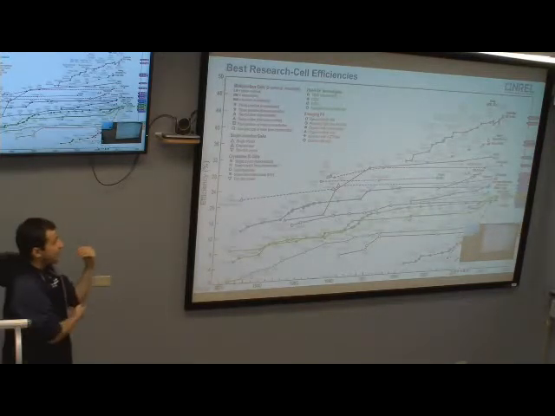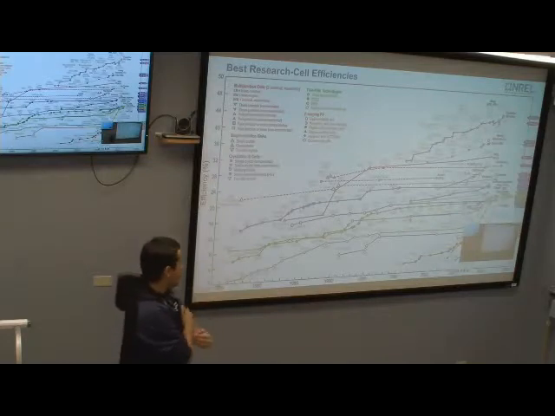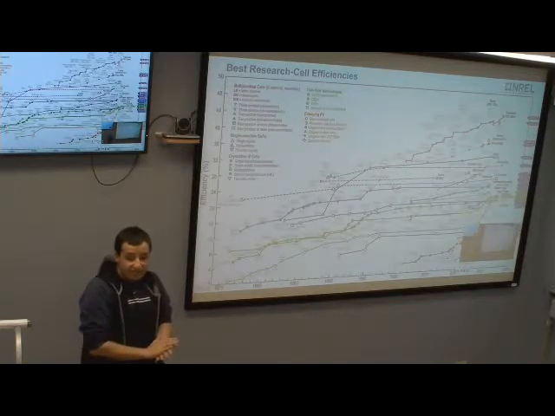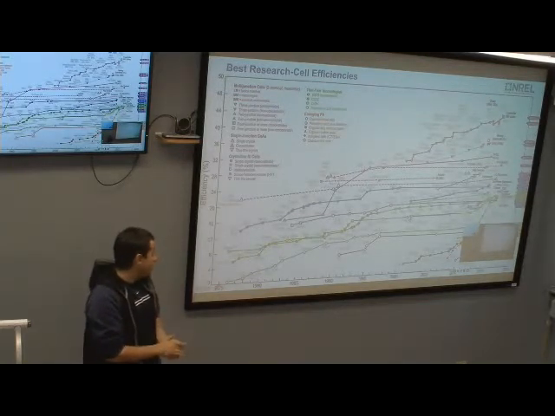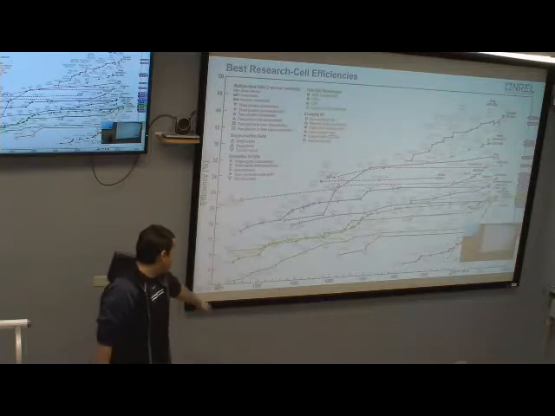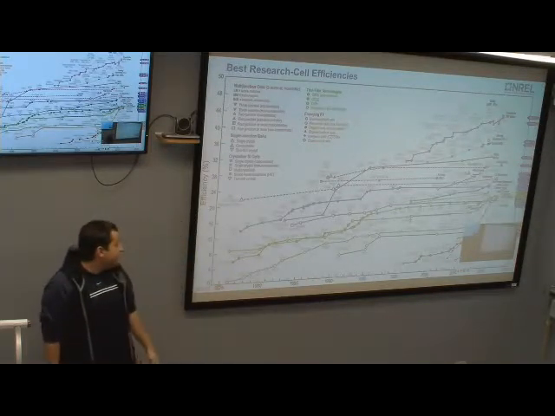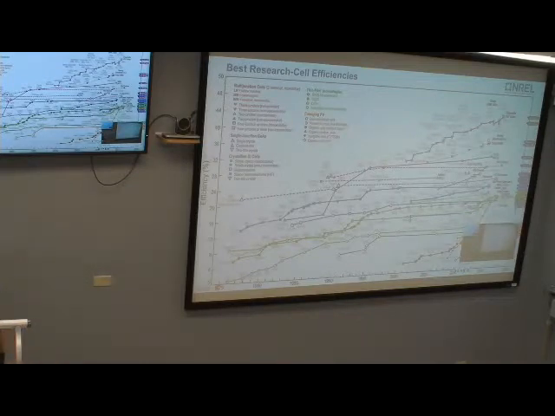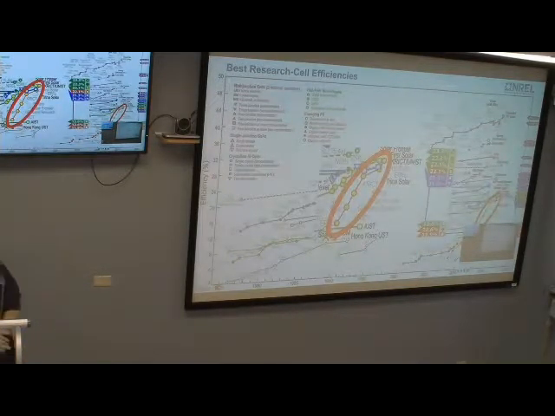So this is from the National Renewable Energy Laboratory. These are pretty much all types of energy harvesting cells that have been produced since about 1975. But for the purpose of this talk, I'll be mentioning what's in that highlighted red line, primarily perovskite structures.